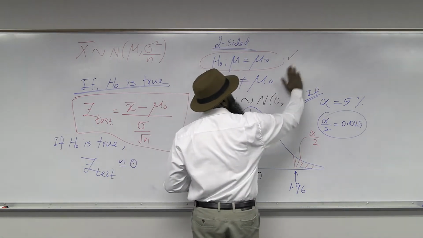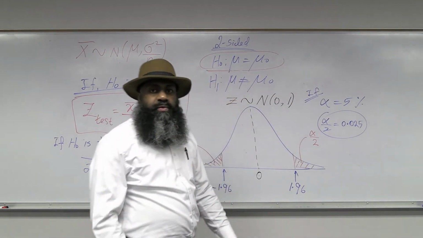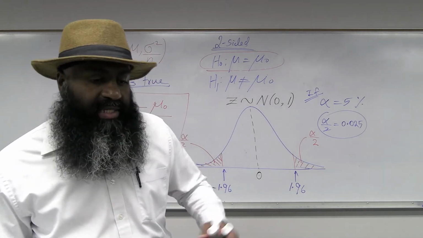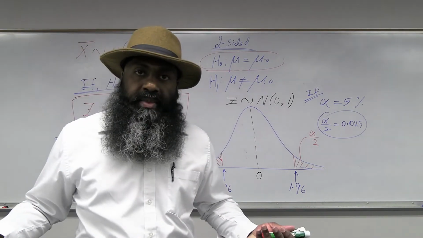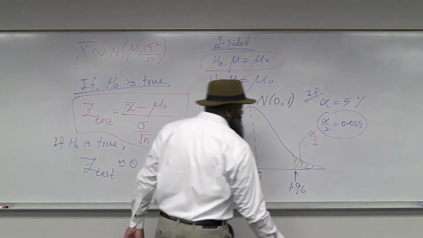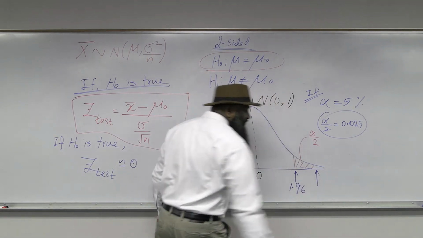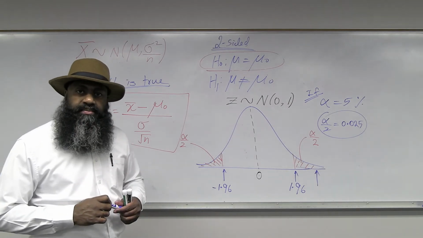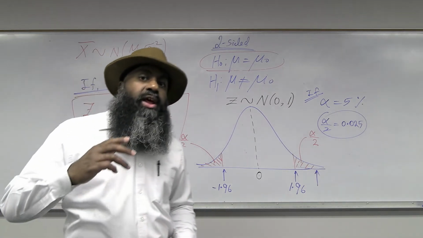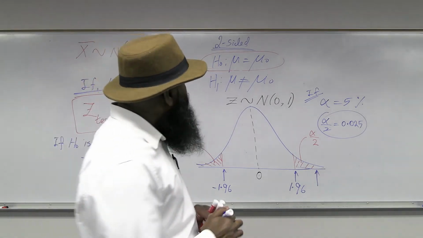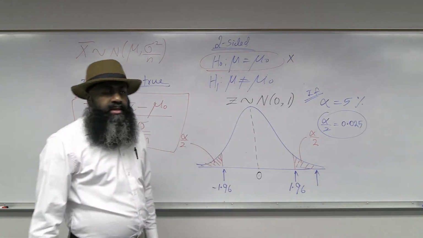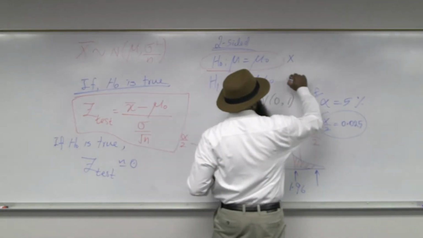And in case your calculated test statistic was, for example, equal to 3.1, the test statistic will be somewhere here, larger than 1.96. That means we will reject the null hypothesis. So if you reject the null hypothesis, that means we have to go ahead and accept the alternative.